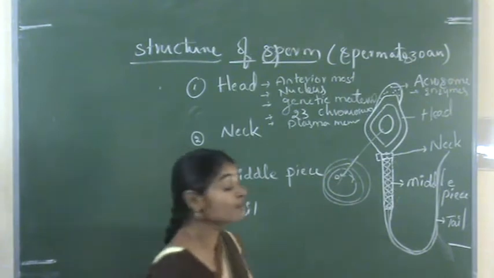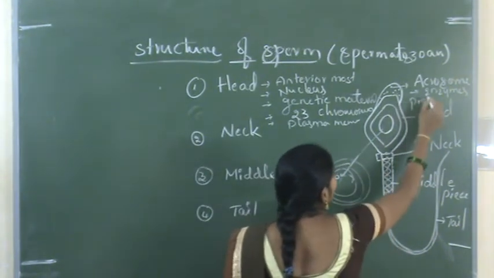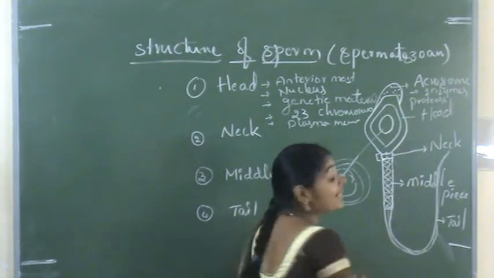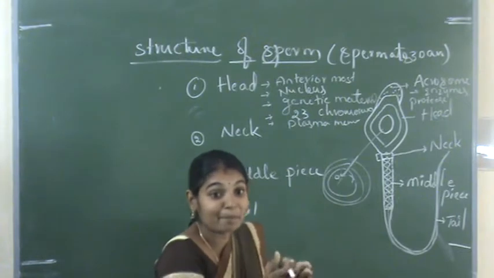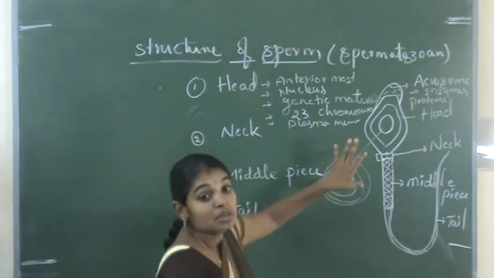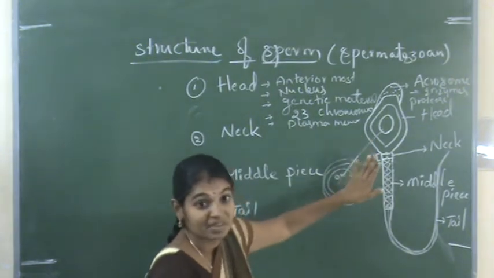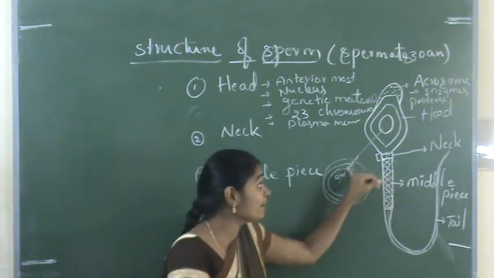So this acrosome mainly contains proteases and lysozymes. Lysozyme enzymes are mainly for the breakdown of the egg membranes. These enzymes help in the disintegration of the egg membranes.